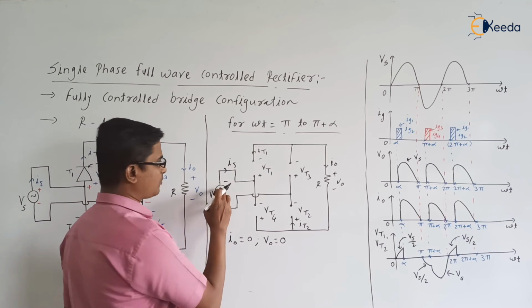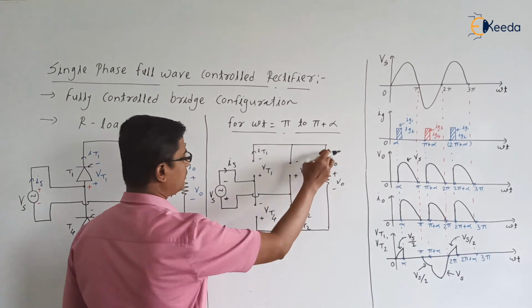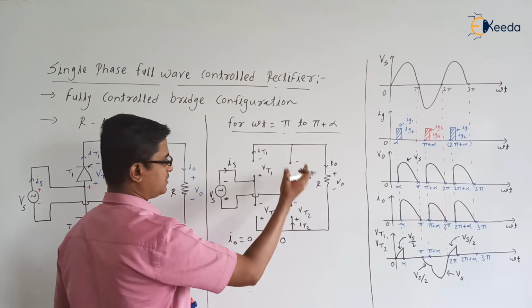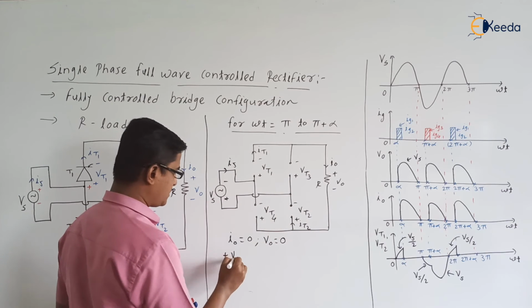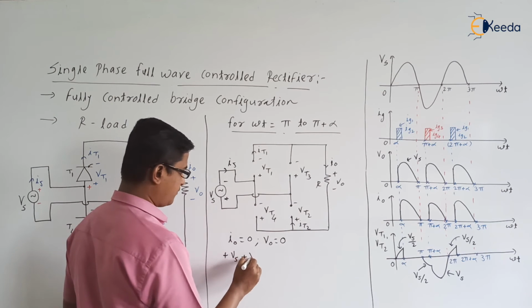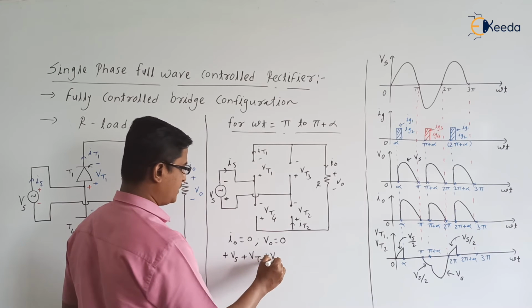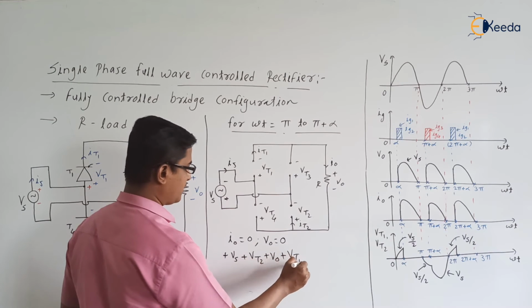Next, can we apply KVL to the loop Vs, T2, load, T1 and again back to Vs? Yes, it is plus Vs plus Vt2 plus V0 plus Vt1 is equal to 0.